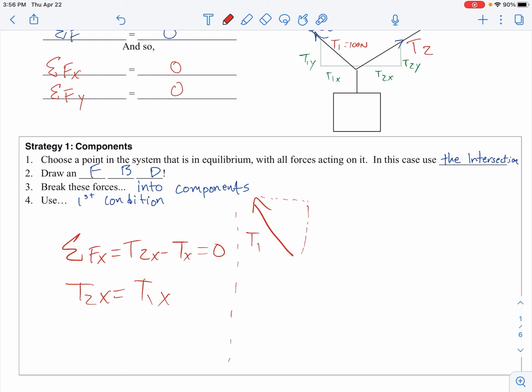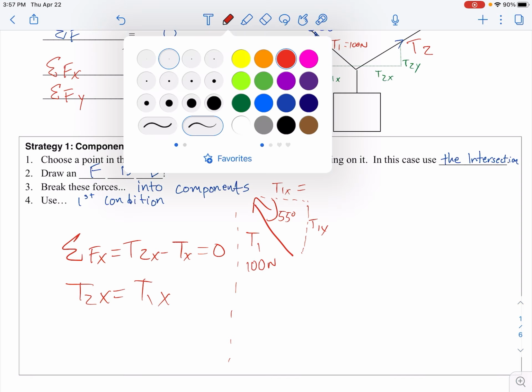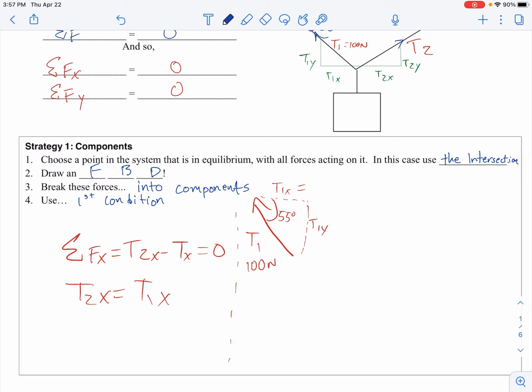We know that T1 is 100 newtons. We know that the angle is 55. Now, T1x is going to be our adjacent side, pretty much always using the same general trig functions. So T1, which is 100, cosine of our angle, gives about 57.36 newtons.